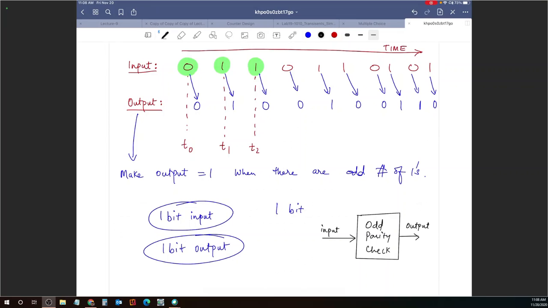I have not yet designed it, but at least I know the objective. I know the objective of how should the output change based on the input coming in. All right, questions about this, like the description of the problem?